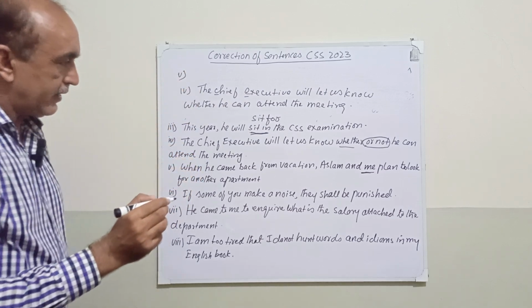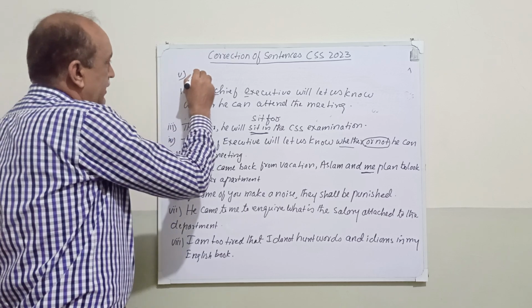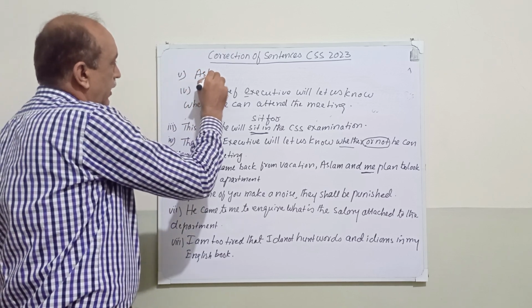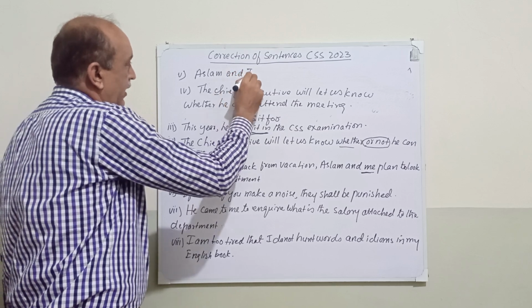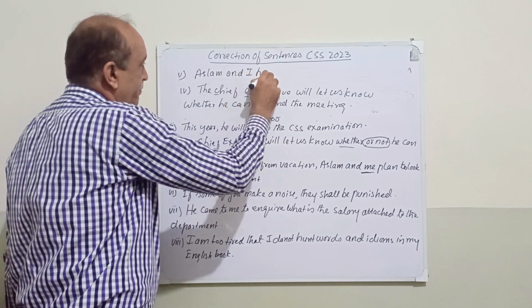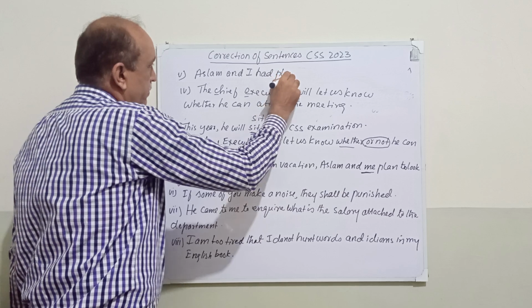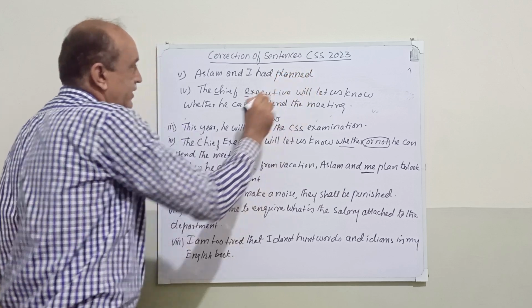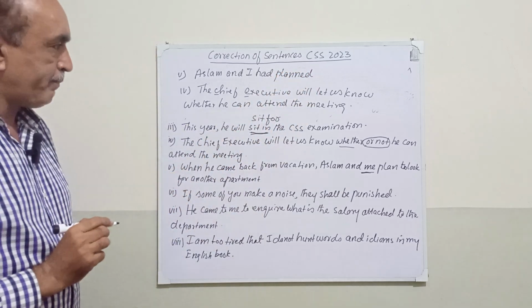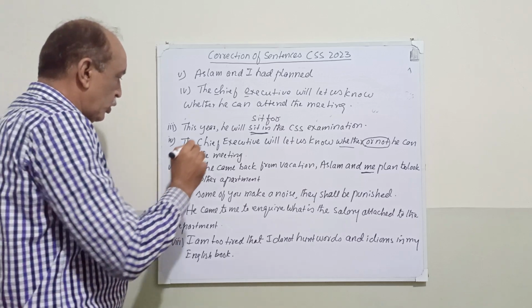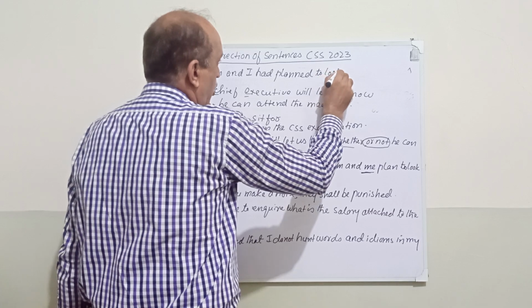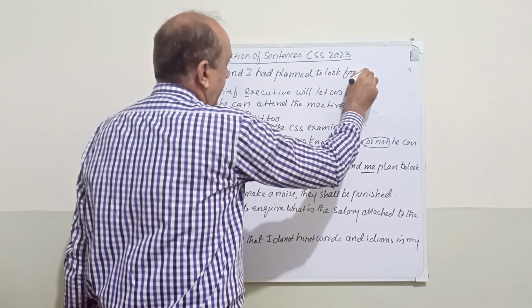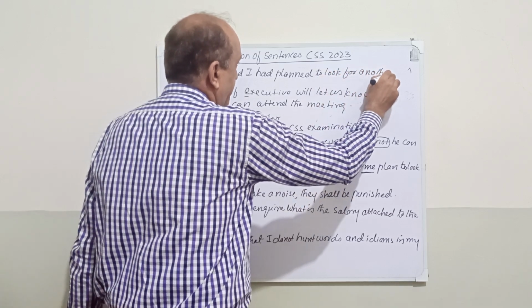You can write it as "Aslam and I." Aslam and I had planned to look for another apartment.